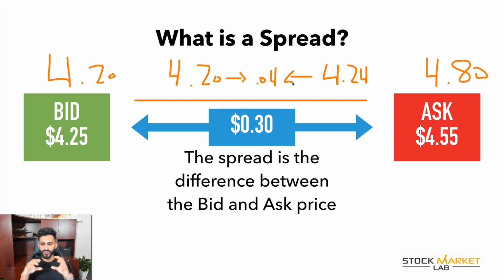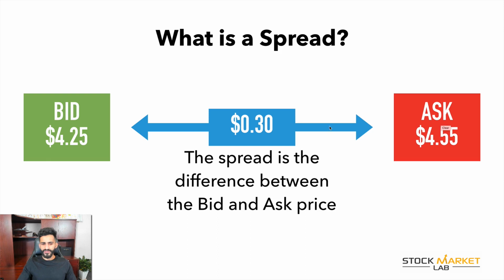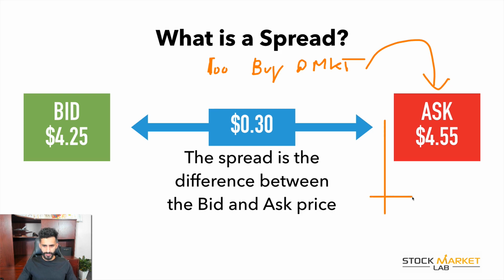Now, the next thing, the reason this is important is because if I have a spread of 30 cents on a stock, and let's say right now I want to buy, for argument's sake, 100 shares at market order. I'm going to pay $4.55 plus more maybe.